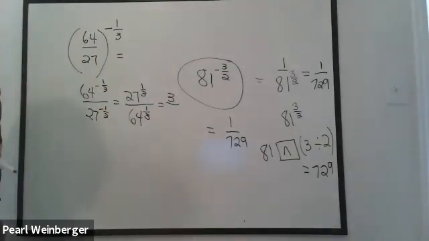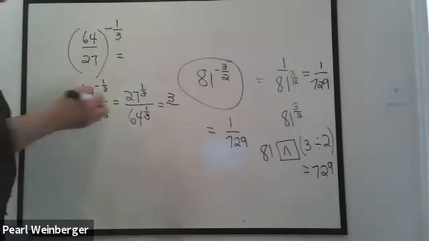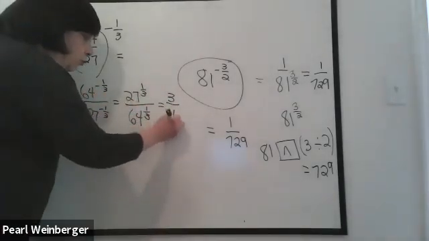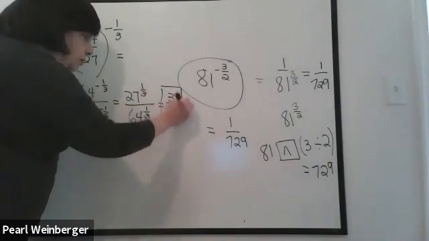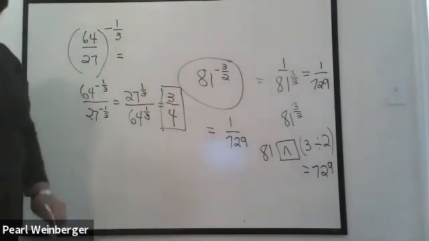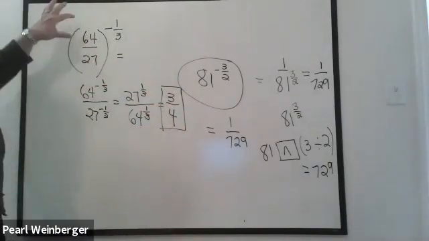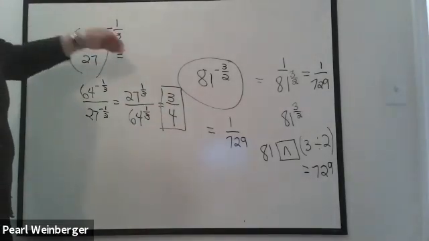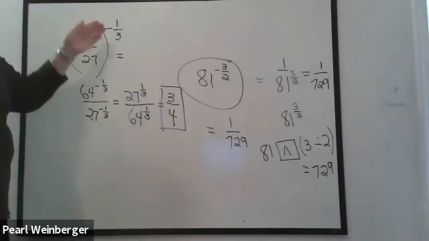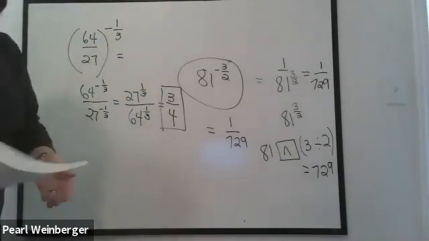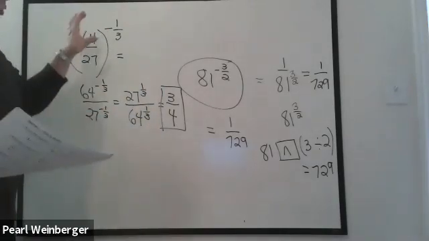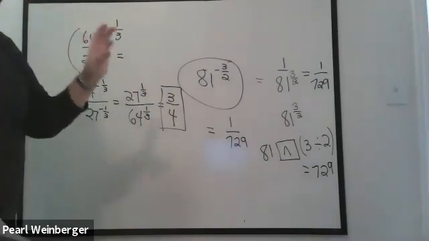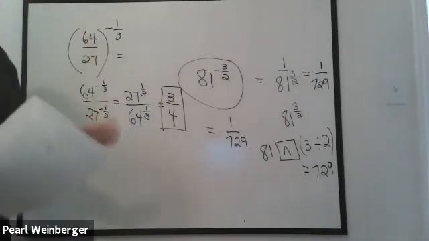That means what number times itself 3 times will give me 64, and that's 4. So my answer to this question is 3/4. Notice this one exponent tells you to do a lot of things. The negative, take the reciprocal. The 1/3 means take the cube root. So you can do a lot with just a single exponent. You can say a lot of things with it.